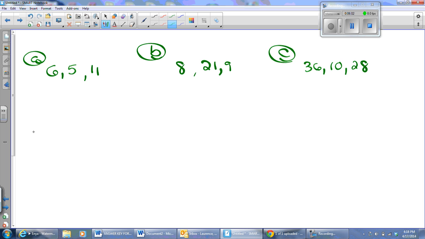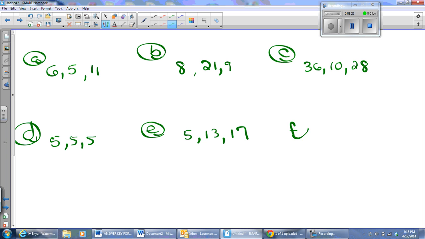And let's do one more, D, whose measurements will be 5, 5, and 5. What the heck, I'll go ahead and put two more up here: 5, 13, and 17. And then one more: 8, 40, and 39. So go ahead and pause the video and test those to see if they can be triangles.